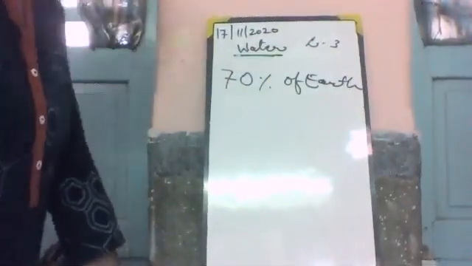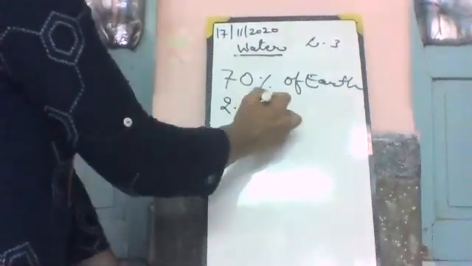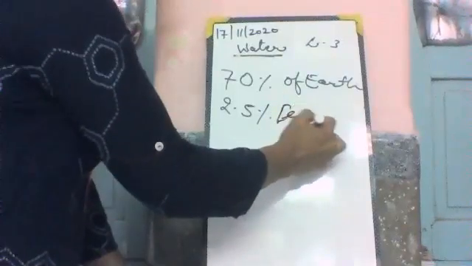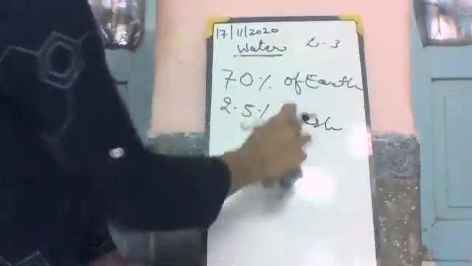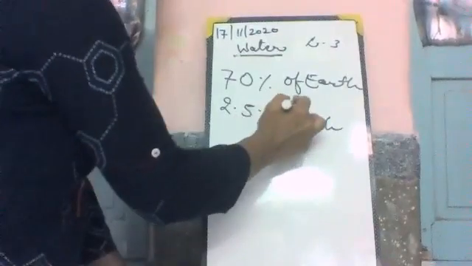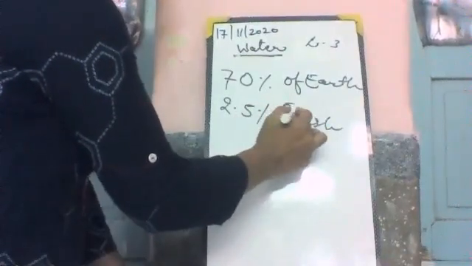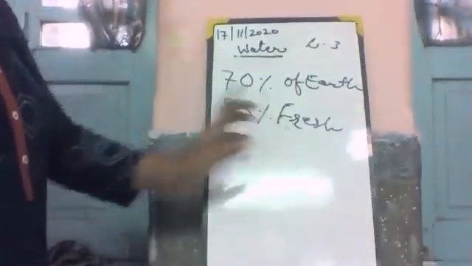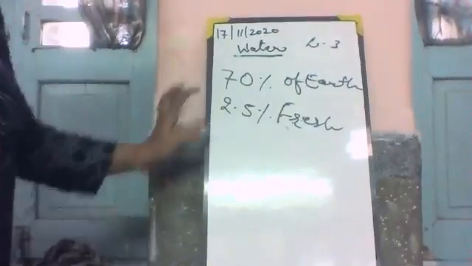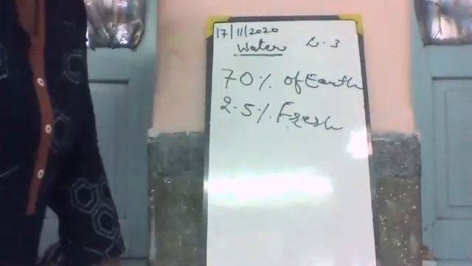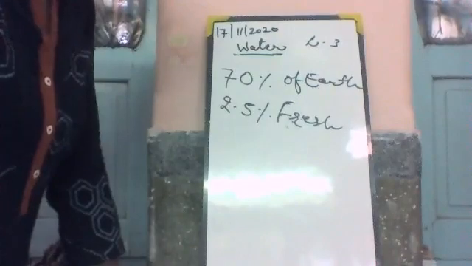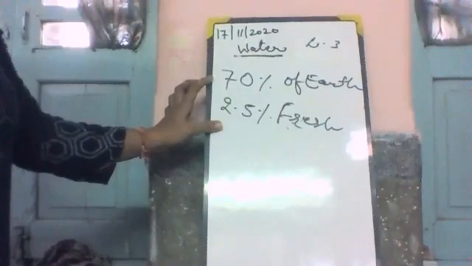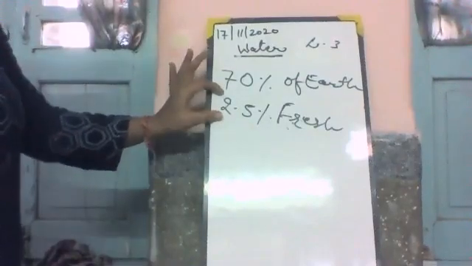But only 2.5% of water is fresh water, which can be used. In this 2.5%, the frozen water present on the poles and glaciers is also included.